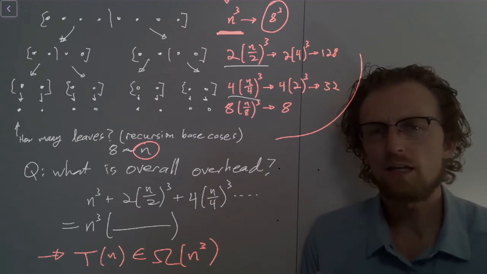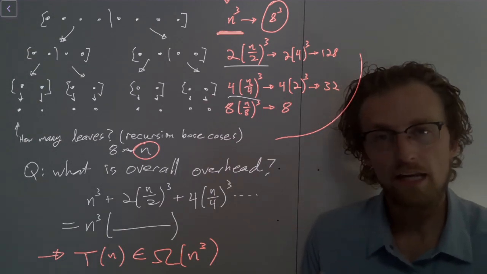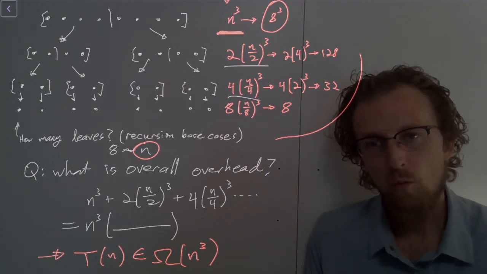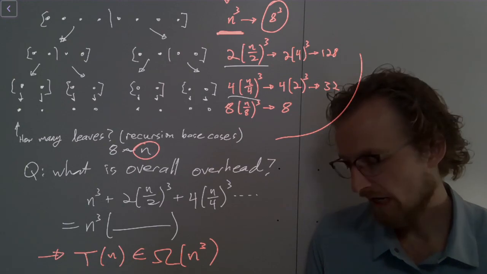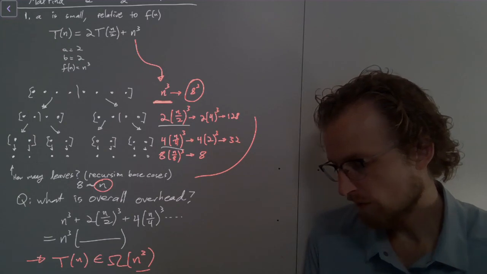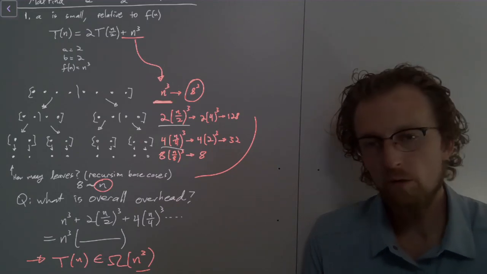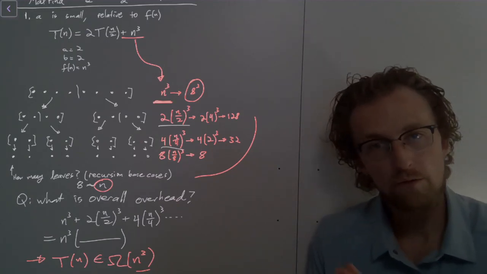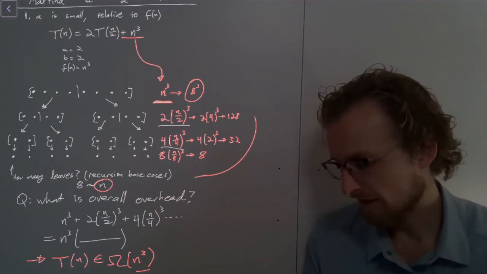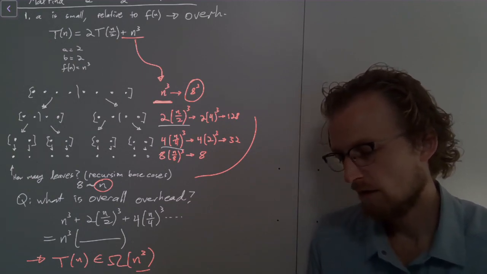The recursion causes far less effort than that n cubed of effort that it takes to split the very first array. So at best we have an n cubed algorithm for this case, and this n cubed comes directly from the overhead. One of the intuitions I hope you can take away from this is that if A is small, if the number of recursions is small relative to how much overhead happens, then overhead dominates.